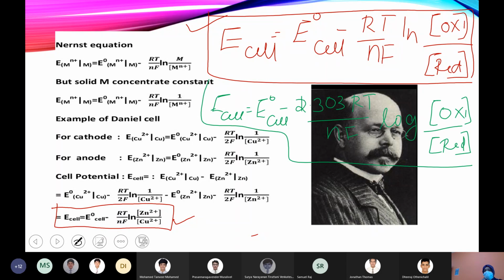You always have to convert ln to log, that is when you can use a logarithmic table. So you have to multiply it by 2.303 when you convert ln to log.